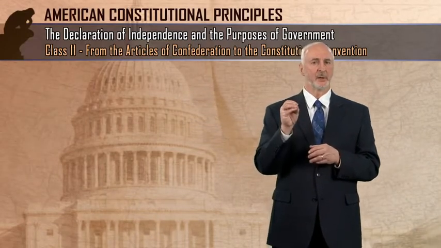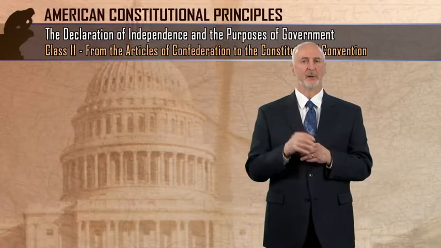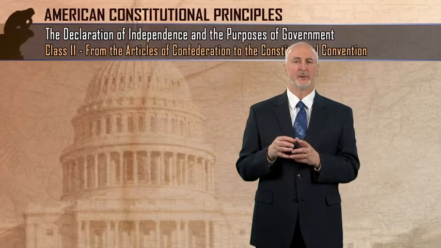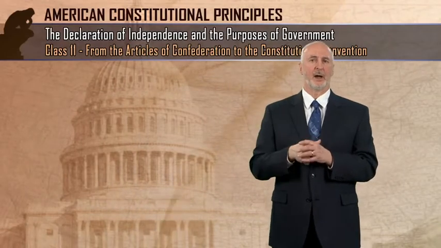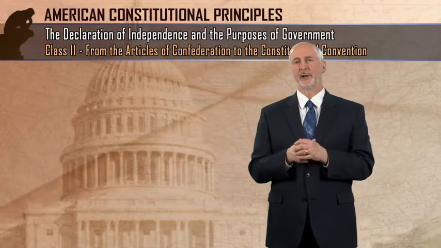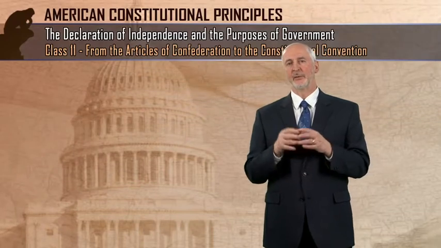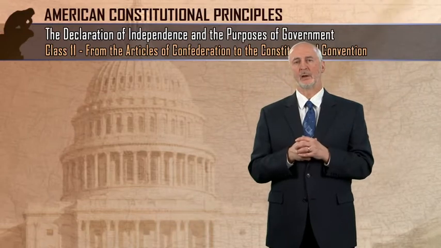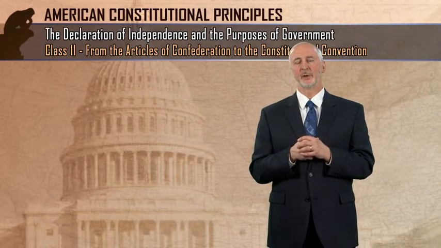So you have this single central body, Congress, that looks like a group of ambassadors from the different states that requires a fairly high vote in order to get anything done. So that, right from the beginning, is going to limit the power of the government considerably.